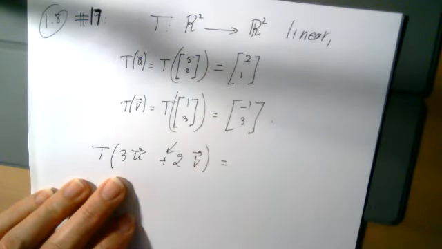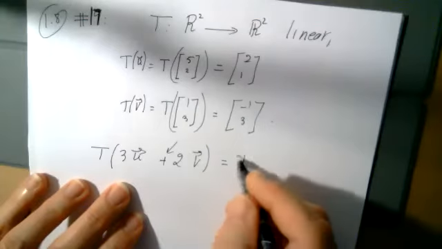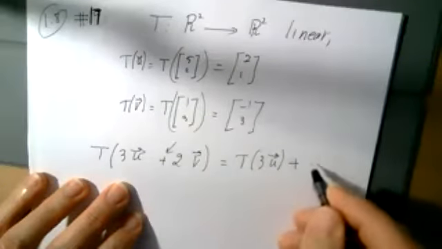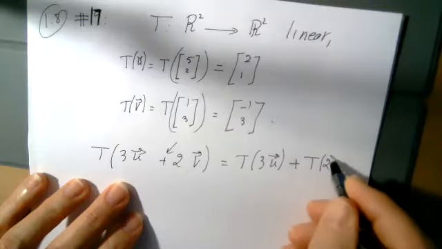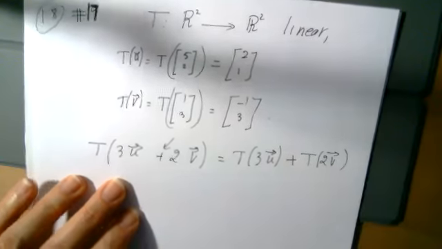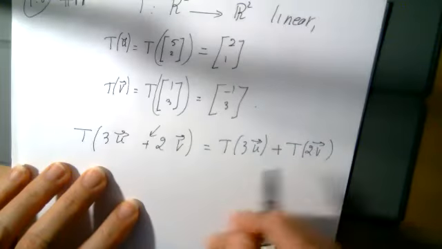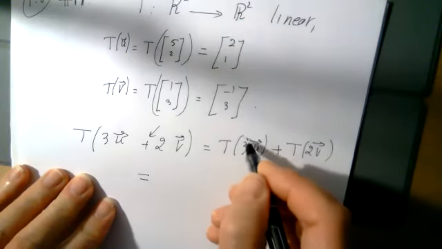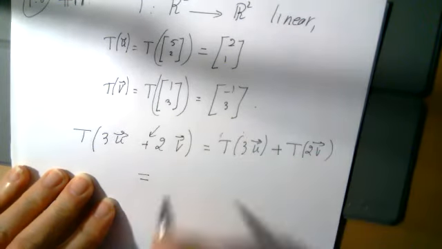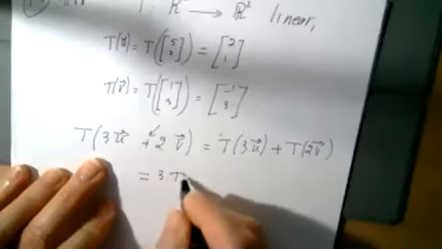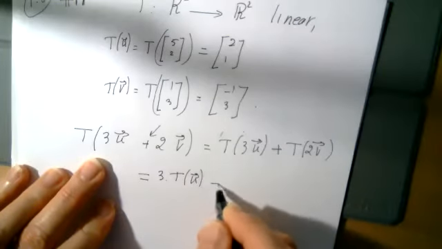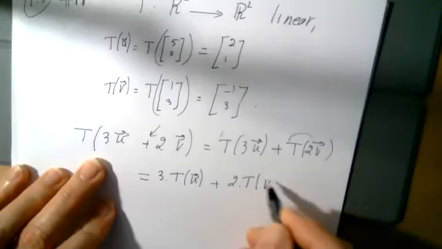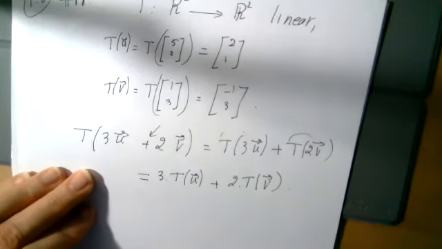It means if I have a plus in here, this is the same thing as T of 3U plus T of 2V. That's preserved addition. Also, my map preserves scalar multiplication. It means the 3, I can pull it out. So that's 3 times T of U. The same thing, this 2 should be pulled out. 2 times T of V.